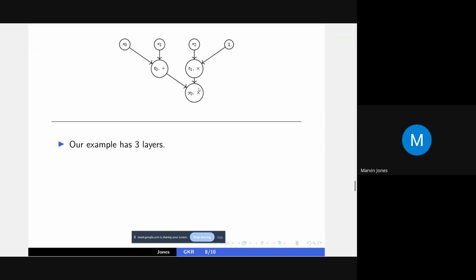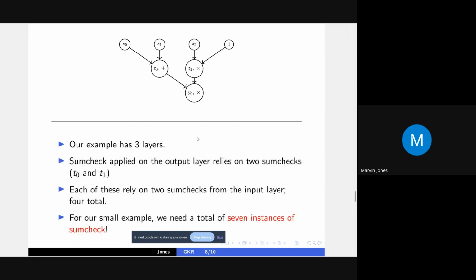I legitimately forgot that I did the smart thing and put this here, if you're wondering. Anyway, we end up with a total of 7 sumchecks doing it this way. And 7 sumchecks is not really good to do. And this is for a small example.